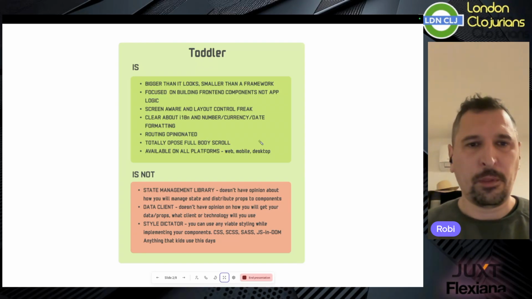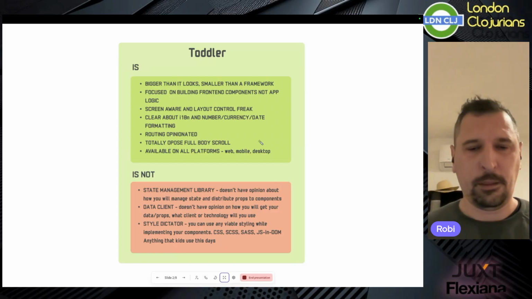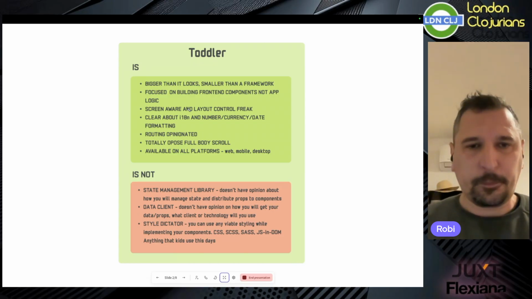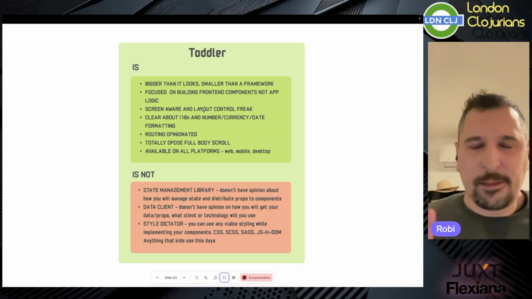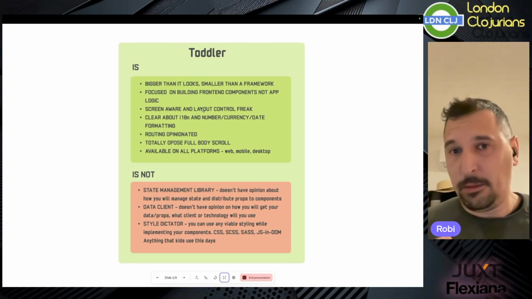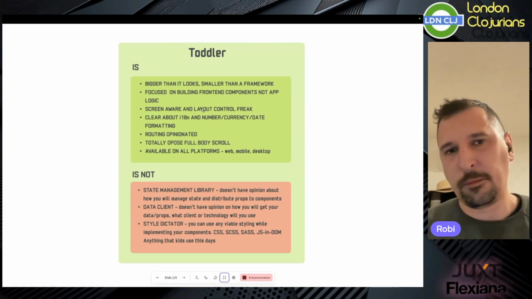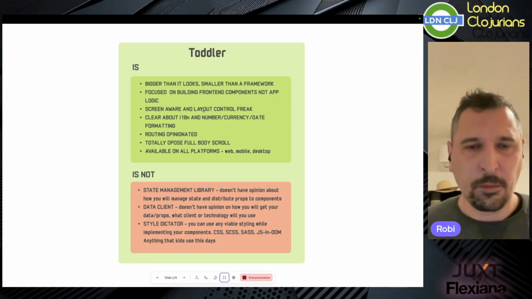Same goes for drop downs and multi-selects and pop-ups and notifications and tooltips and stuff like that. So screen aware and layout control freak, that's an overstatement, but it's not far from truth. I've mentioned some of the stuff before. We will go through details in the walkthrough.